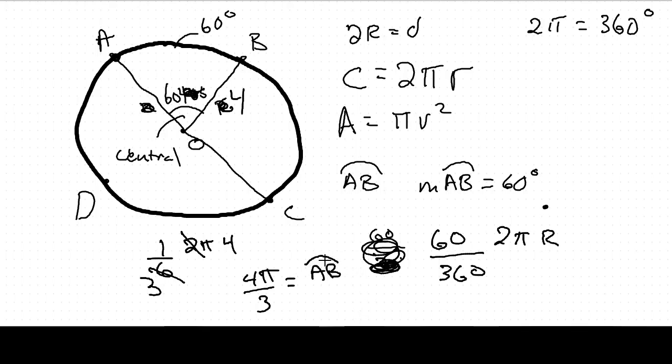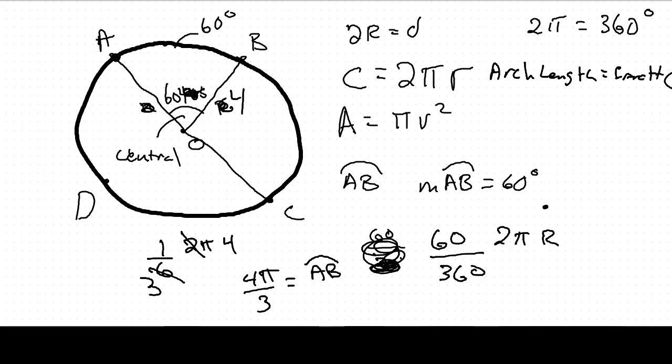So whenever you do arc length, you just take the number of degrees for the arc, you divide it by 360, you make it into a fraction. You notice I didn't write a decimal there, right? And then you just multiply that by the circumference. So arc length is equal to some fraction times the circumference.